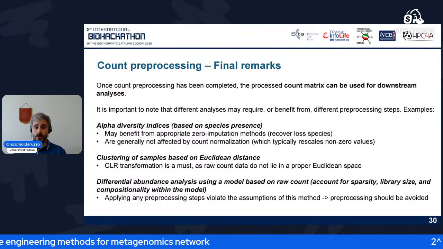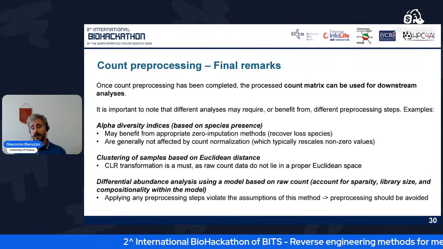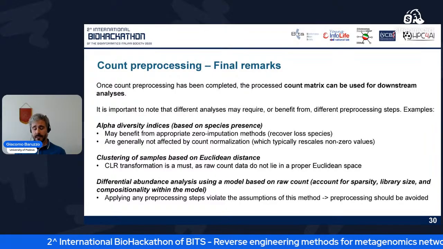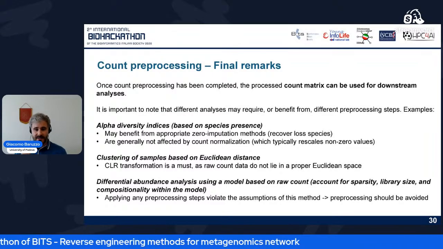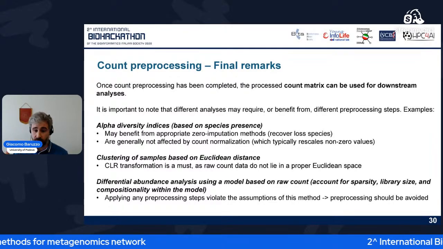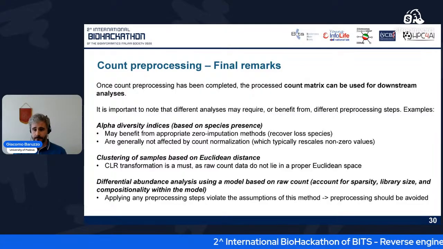So that method wants as input raw count data, because all the preprocessing steps are done somehow internally or are considered by the model of your downstream analysis tool. So always read the assumptions of the preprocessing step or the downstream analysis that you want to perform to be sure to perform the best preprocessing for that data.